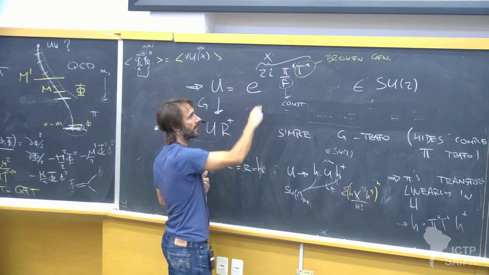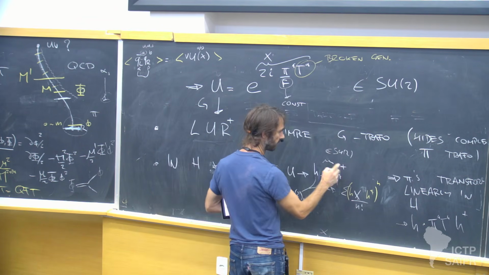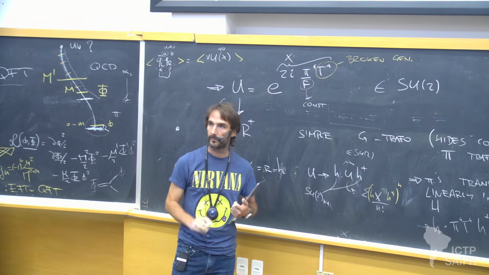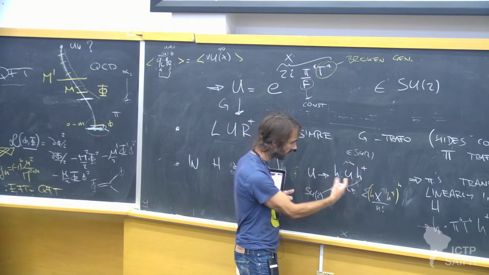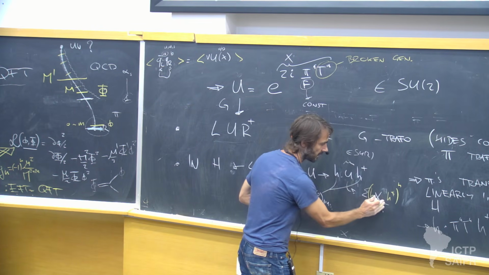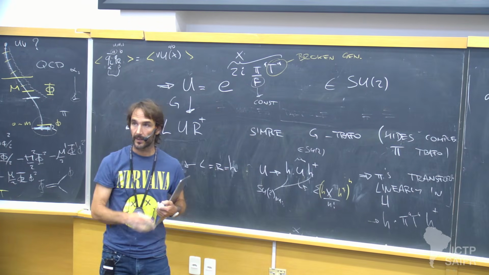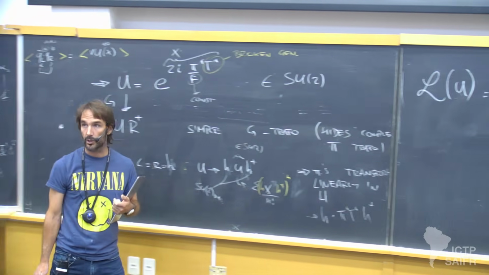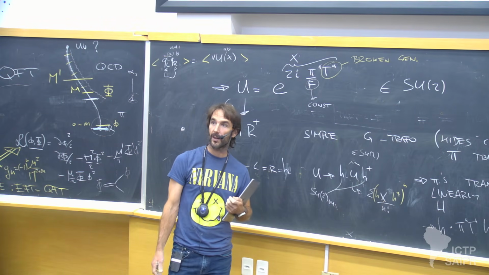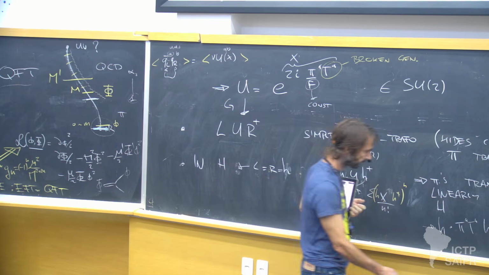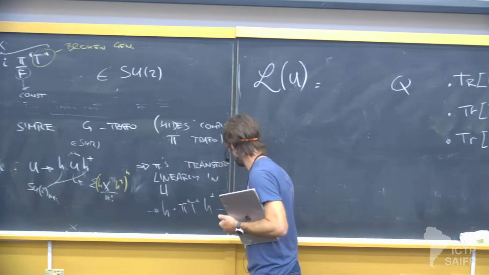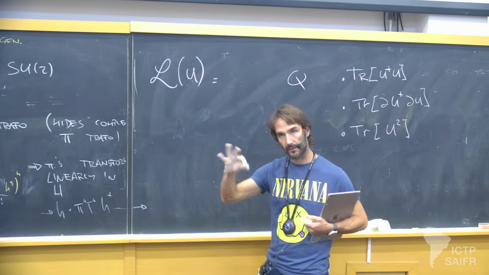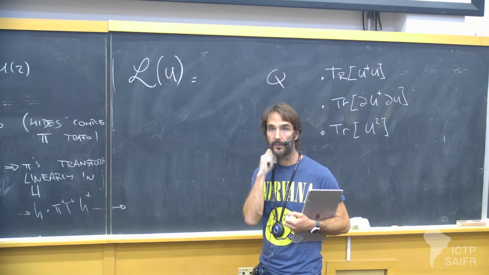It lives in this G over H factor, but it's still in SU2. So it lives in SU2 cross SU2 without SU2. And then you can see how the transformation from the U transfers to the pi's, and you see that the matrix pi^A T^A transforms with the sandwich. And remember, it's like a rotation. So you can rewrite this as just the pi^A rotating like a normal rotation.